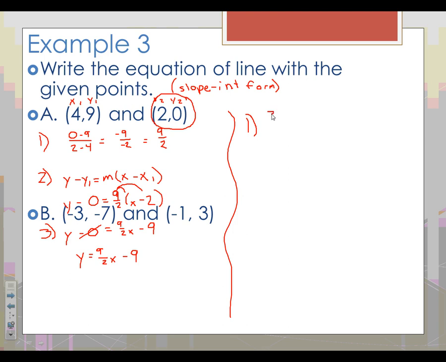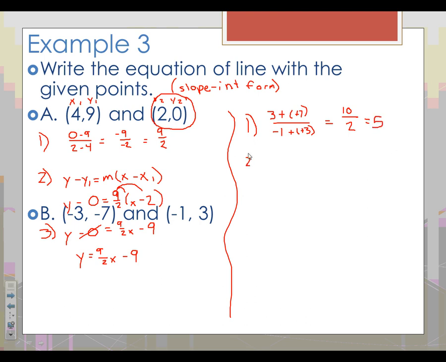So we would do 3 minus -7 over -1 minus -3. So change those to pluses. We'd get 10 on top, and our denominator would become 2, which we could reduce down to 5.